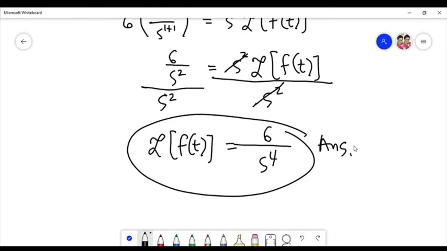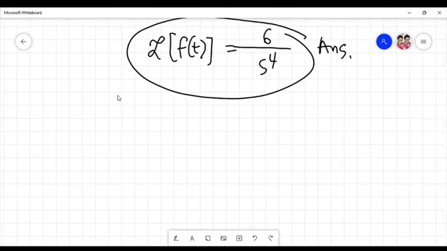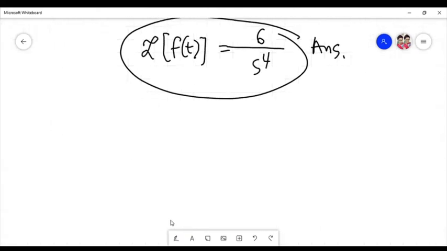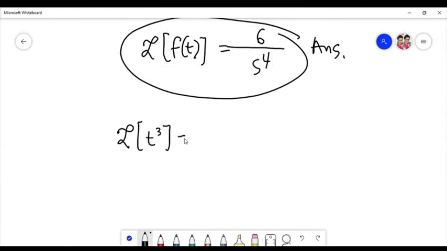Which is consistent. Since our f of t is equal to t cubed, if we just use the formula directly, since we can solve that using the fundamental formulas, the Laplace transform of t cubed is equal to 3 factorial over s raised to 3 plus 1.